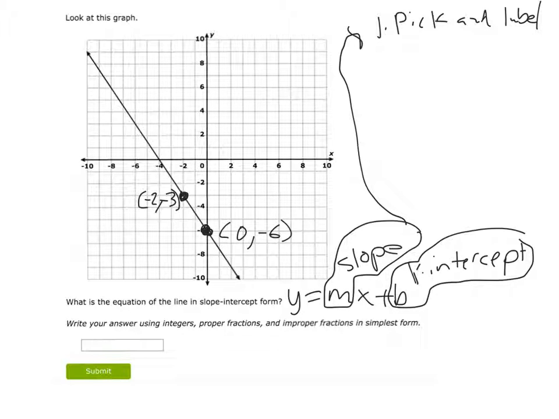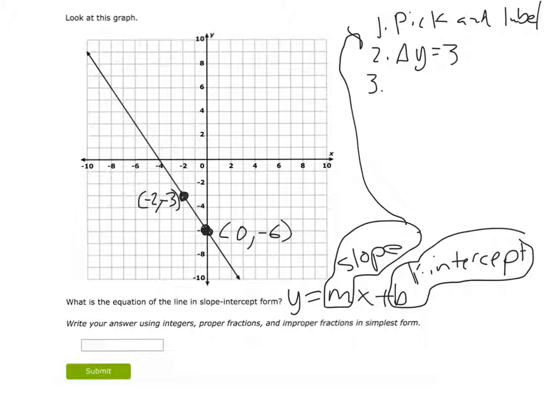Number 2, change in y. We're going to count. We're going to go up 1, 2, and 3. So change in y is equal to 3.